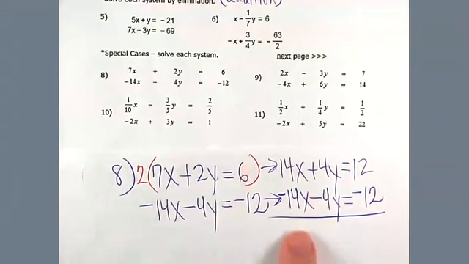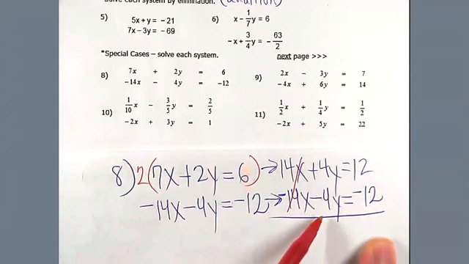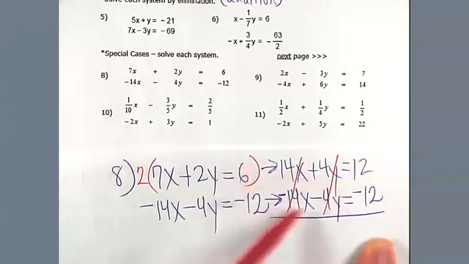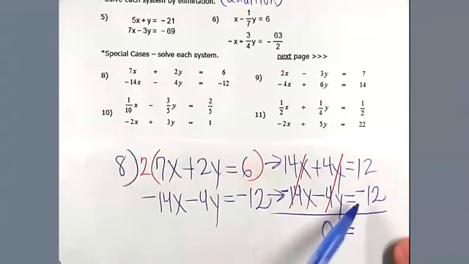Now, not only do the x terms cancel out, but also the y terms cancel as well. So if everything canceled out, then the left side is just 0. The right-hand side is also 0.